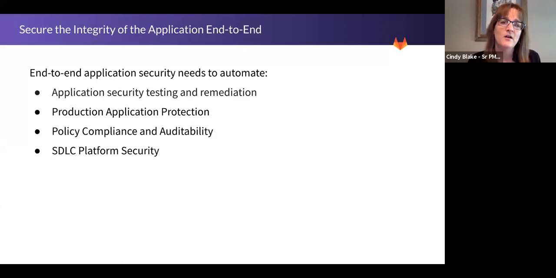Policy compliance and auditability really become key, because as I mentioned, you want to take your policies and automate them. So policies kind of come to the forefront. They've been really mostly focused on compliance, and compliance generally is like the lowest common denominator. So what's the minimum that I have to do in order to not get fined and get into trouble?